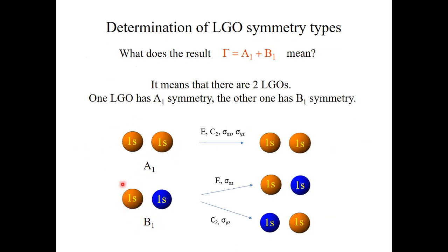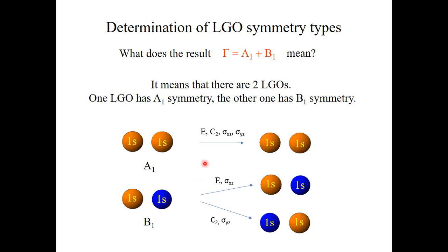You actually do not have to worry about how they look, and you also do not have to prove by inspection that ligand group orbitals belong to that particular irreducible representation, just as we did it before. I just wanted to show you this so that you have a deeper understanding of the group theoretical formalism.